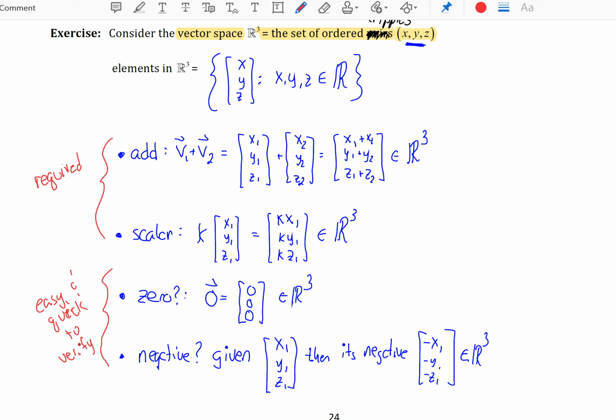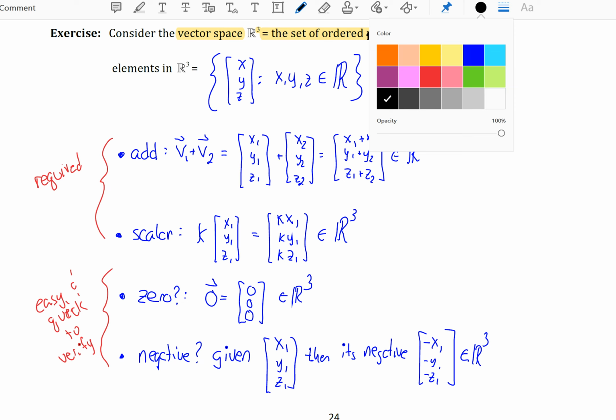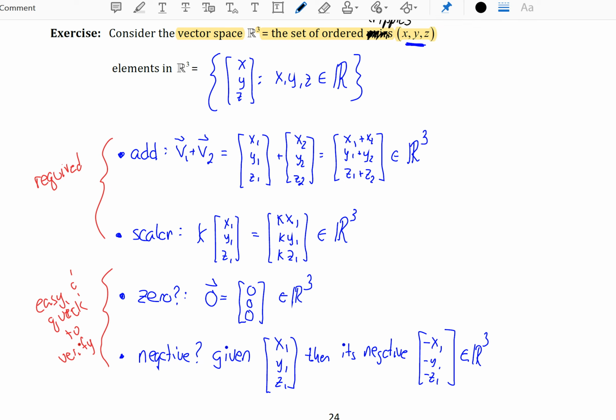And just like within R2, if you'd like to, you can think about this visually. It's a little more tricky to draw things in 3 space. But if you were drawing things in 3 space, you'd have an x-axis, a y-axis, a z-axis.